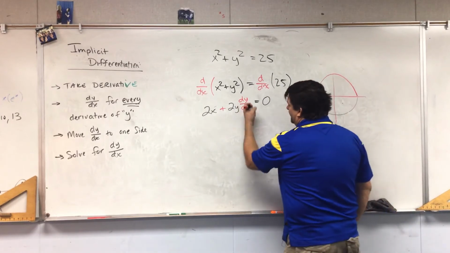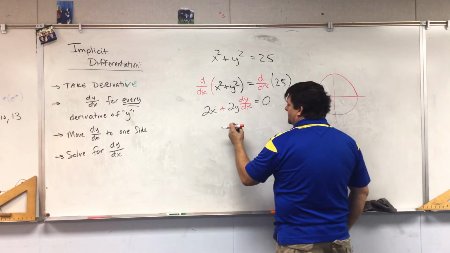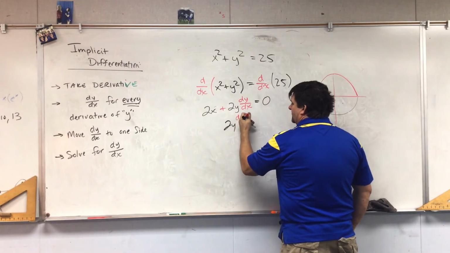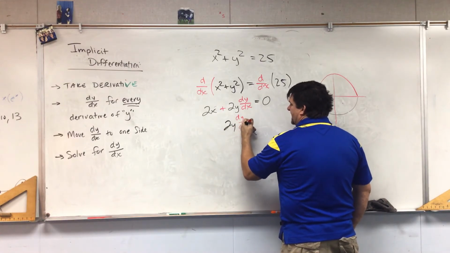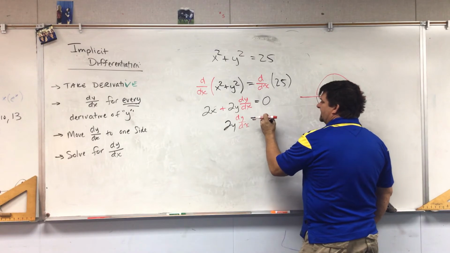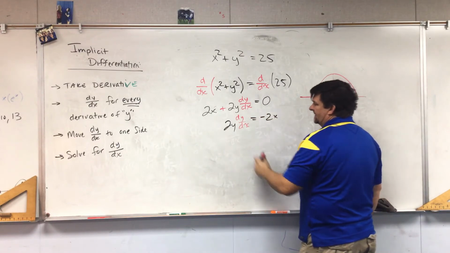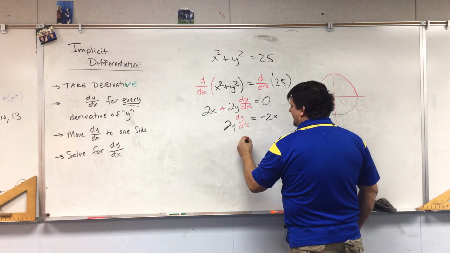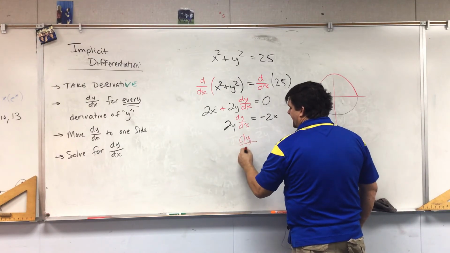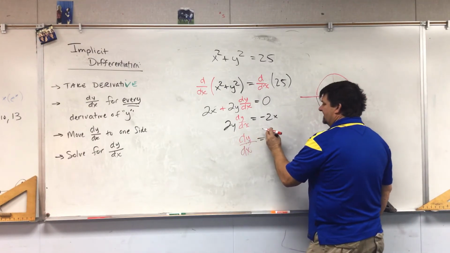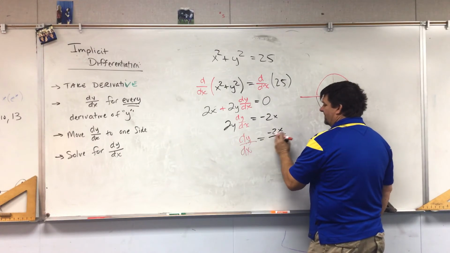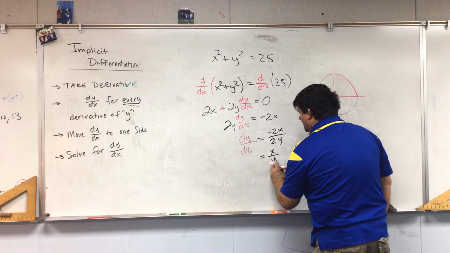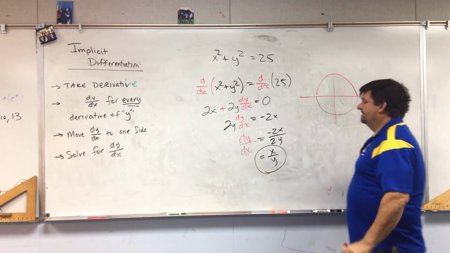So now I got to solve for my dy/dx. So let's move some things around. 2y dy/dx equals negative 2x. Now I solve this. dy/dx equals negative 2x over 2y, and therefore my derivative is negative x over y.